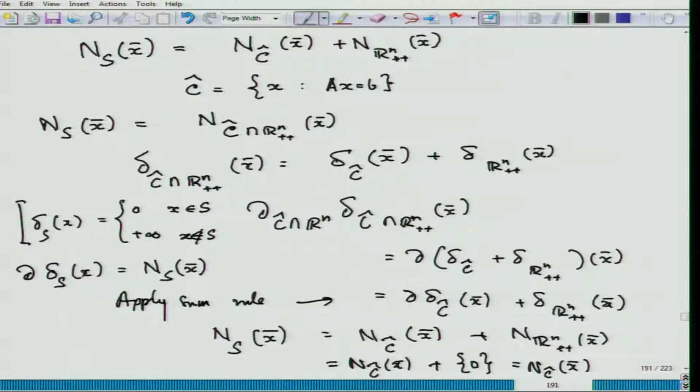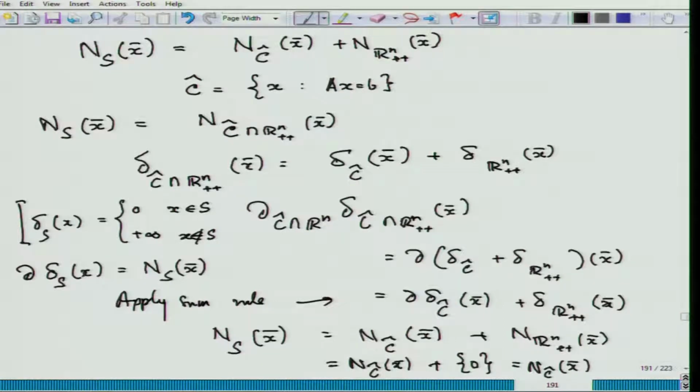Now, how do we show that? We can write the indicator function of this as a sum of the indicator functions of these two sets, and this indicator function is nothing but, as you see, 0 when x is in S and plus infinity when x is not in S, and this is what we have discussed earlier. You know that the subdifferential of the indicator function will give you a normal cone, and this is applying the subdifferential sum rule.